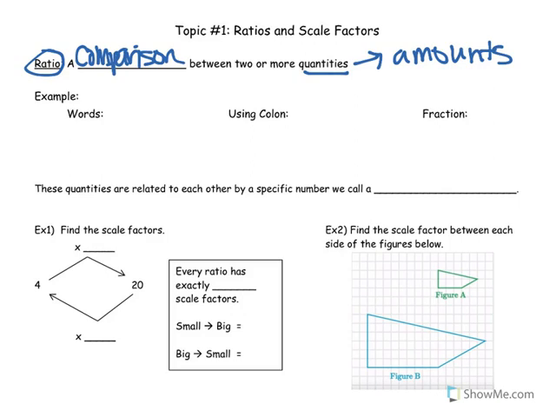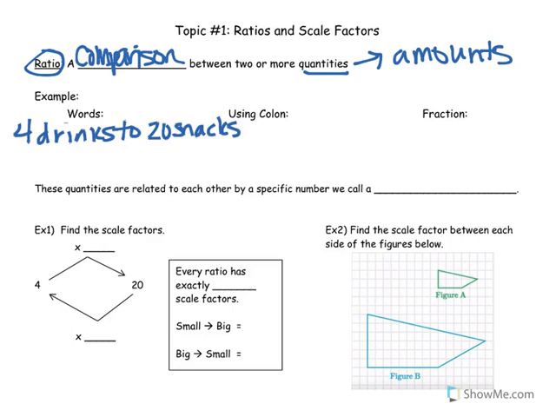There's three different ways that we can represent a ratio. We can represent it in words, using a colon, or usually the most common is as a fraction. So in words, we're going to use the word to: 4 drinks to 20 snacks. Okay? I've actually written it out.